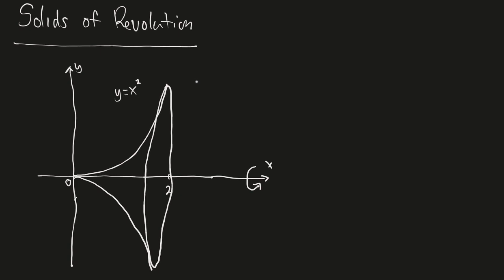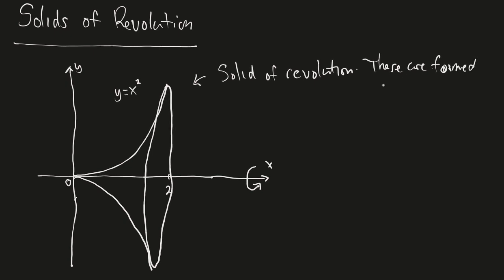And this is what we call a solid of revolution. These solids are formed by revolving a two-dimensional region, so those regions whose area we can find.